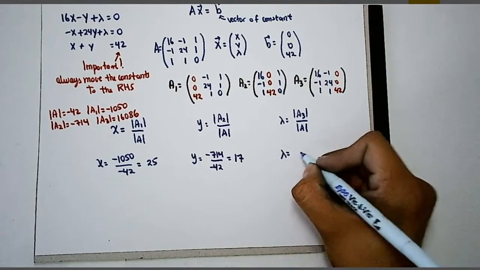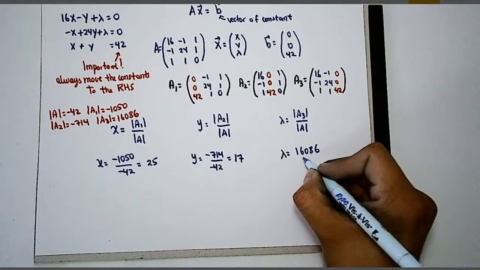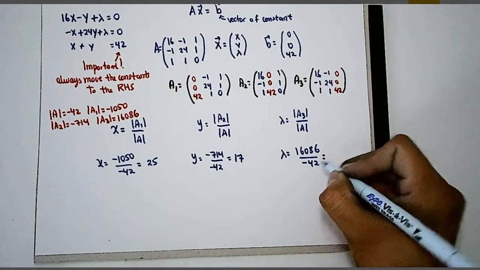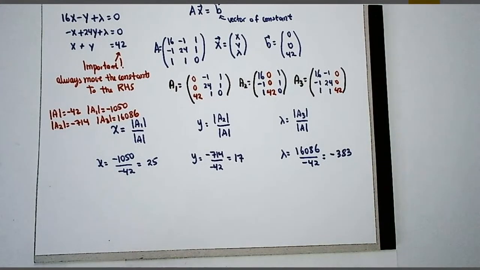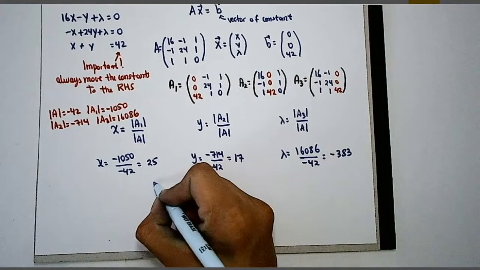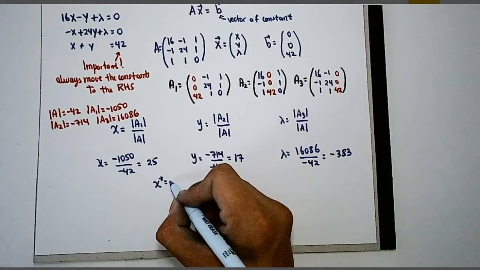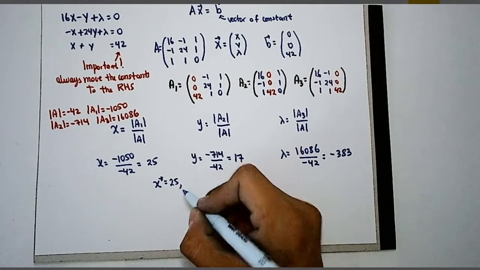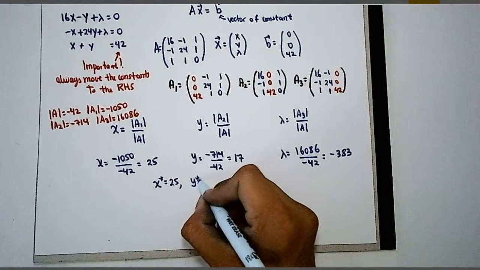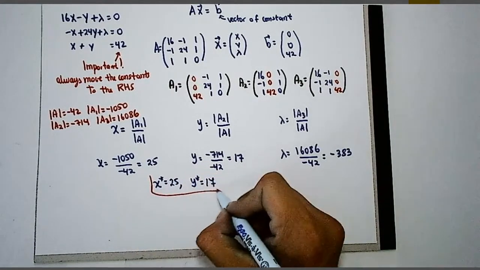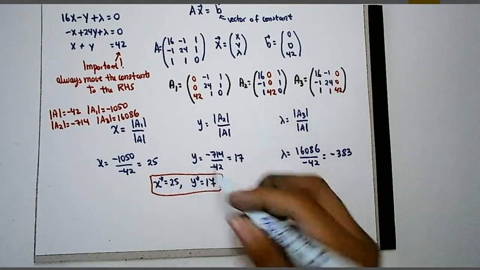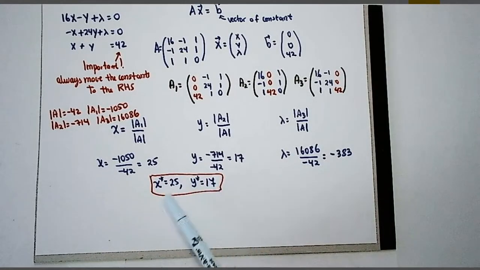And then for the case of lambda, this is equal to minus 383. This means that the optimum combination is x equals 25 and y equals 17. And something that you can check in this particular case is that if you sum both, this is equal to 42, which was the restriction.